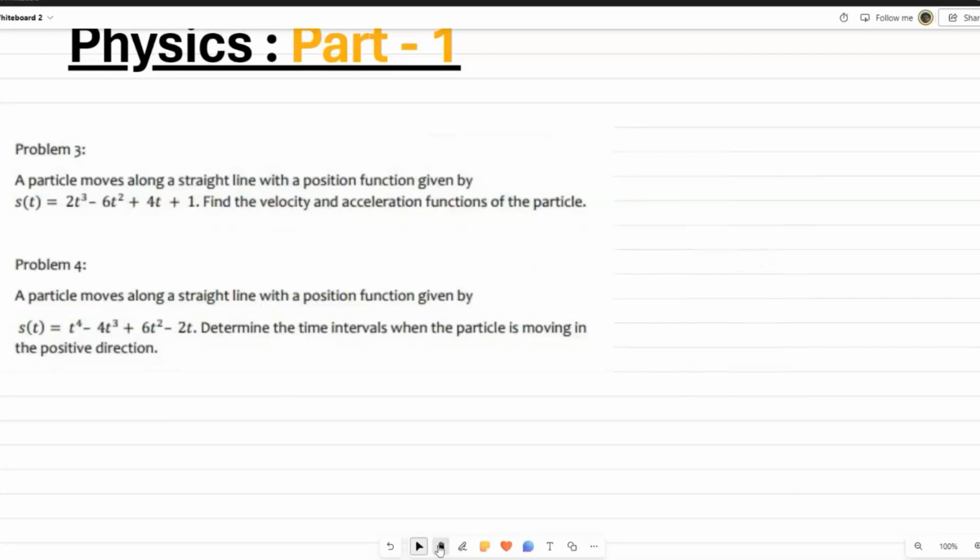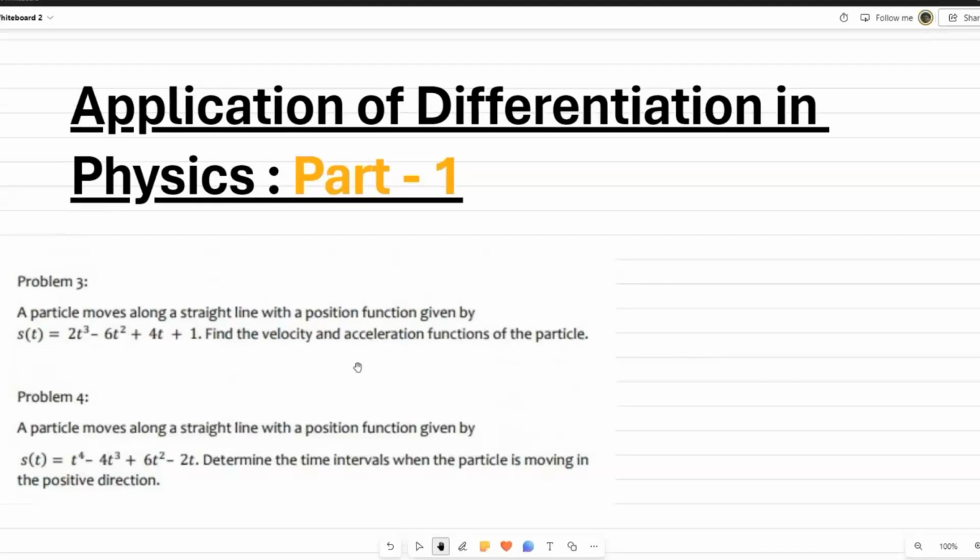But before applying the sum, you just read the statement. A particle moves along a straight line with position function given by this. Find the velocity and acceleration function of the particle. So how to use calculus? Those basic formulas you need to use, that is in terms of derivative only.